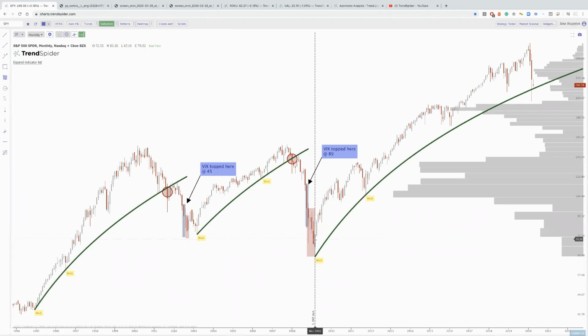The reason I'm starting the volume profile at March 2009 is that was our capitulation candle for SPY before we ended the financial crisis of 2008 and 2009. That's why I'm starting the volume here, because this is when everybody capitulated. This is when supply and demand reset, and this is when the trend actually started to the upside and really hasn't stopped until recently.